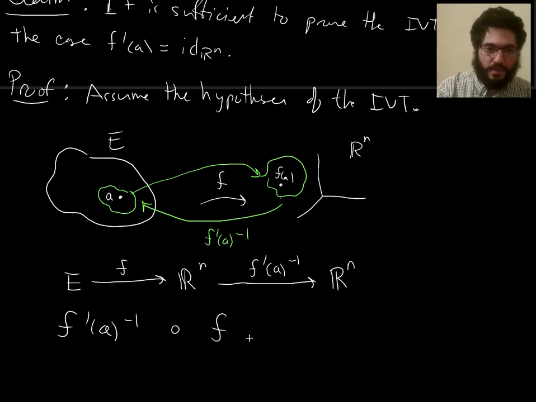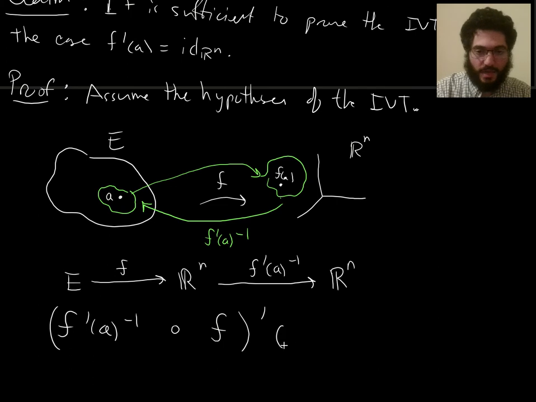Both of these functions that I'm composing are differentiable. F is differentiable because I assumed it's a C1 function, right? And this is differentiable because it's a linear map. F prime of A is a linear map, and the inverse of a linear map is a linear map. So these are both differentiable. So I can take the derivative, and the derivative is given by the chain rule.